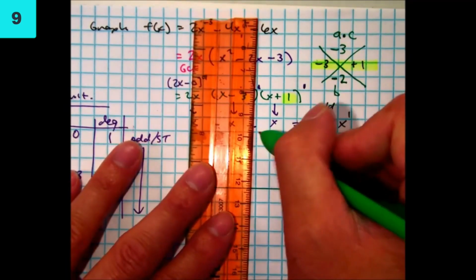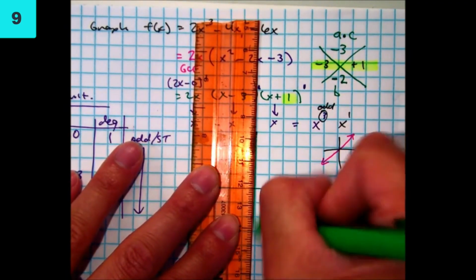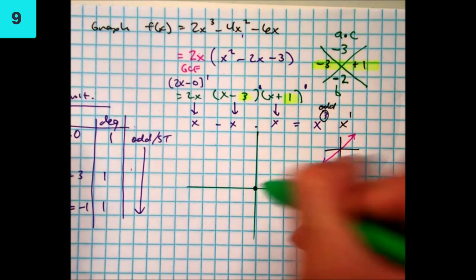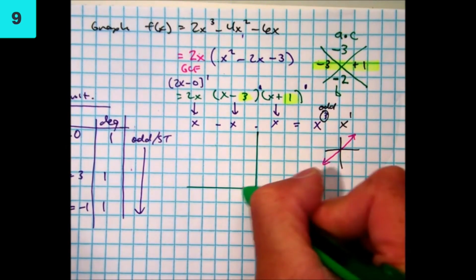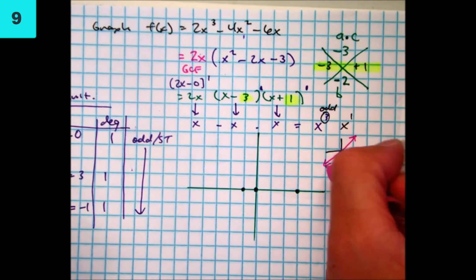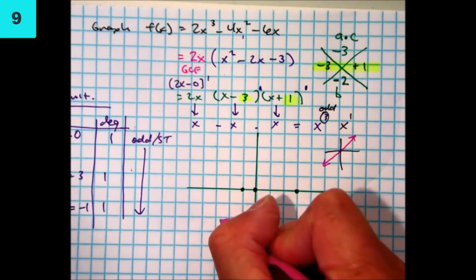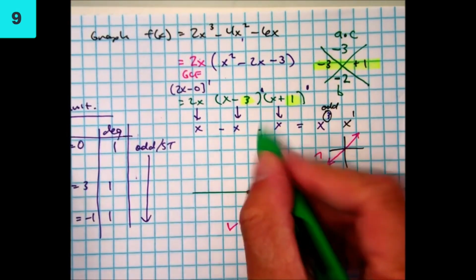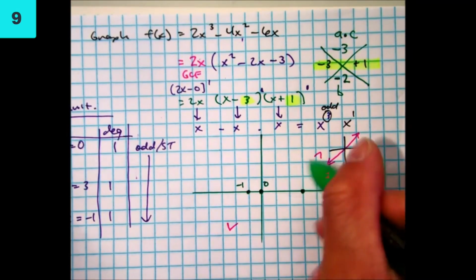So really the only hard part about today's lesson is just reviewing factoring. I got x equals 0, 3, and negative 1. Over here we are starting down, ending up, so I'm going to do the same. I should label my x-intercepts, negative 1, 0, and 3.